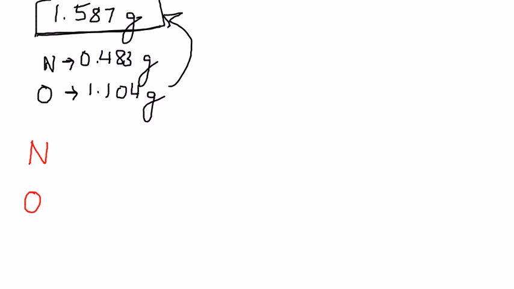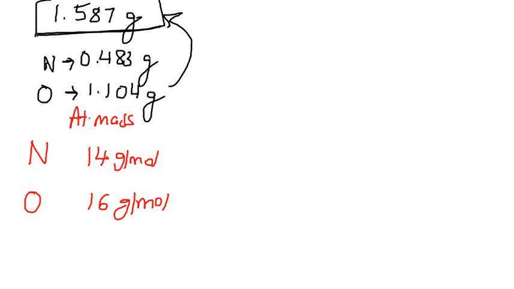Nitrogen has an atomic mass of 14 grams per mole. Oxygen is at 16 grams per mole. Again, for the sake of time, I'm taking 14 and 16. If you're given a periodic table in a test, please use the full 14.002 and 15.9998 for the case of oxygen.